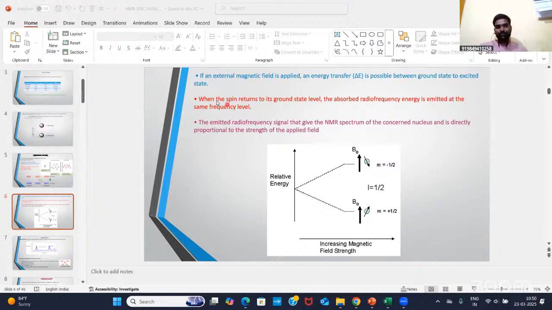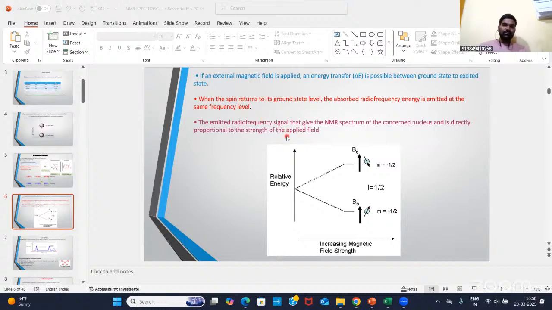When the spin returns to its ground state level, the observed radio frequency energy is emitted at the same frequency level.